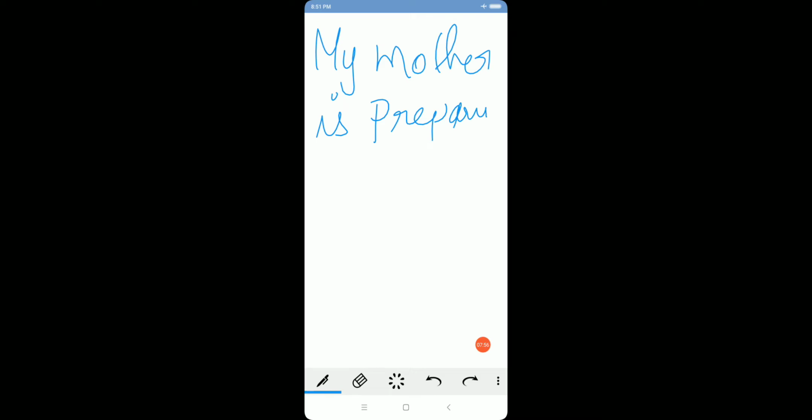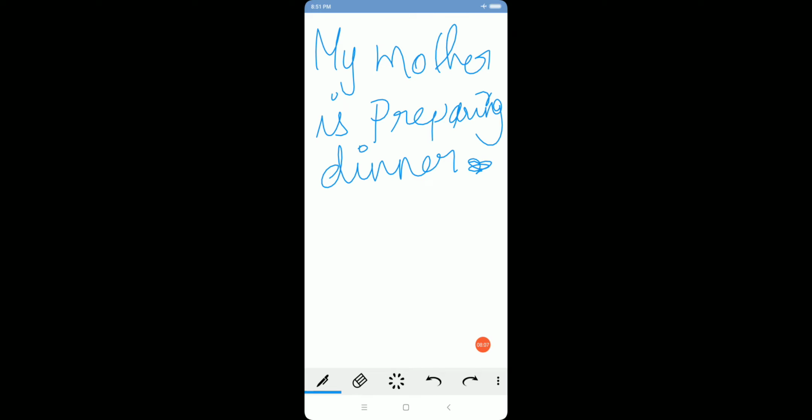Next one, present continuous tense. So what is present continuous tense? My mother is preparing dinner. Okay, my mother is preparing dinner.